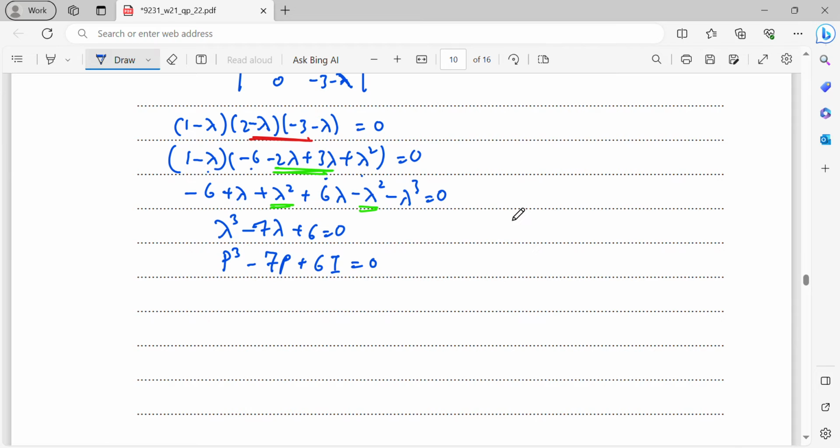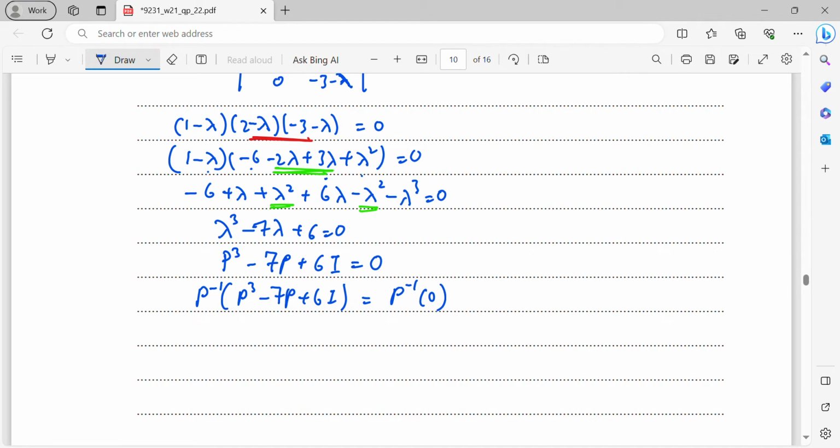So in order to get P inverse, just multiply by P inverse on both sides. So P inverse times P cubed minus 7P plus 6I equals to P inverse times the zero matrix. This 0 is basically a 0 matrix, right?